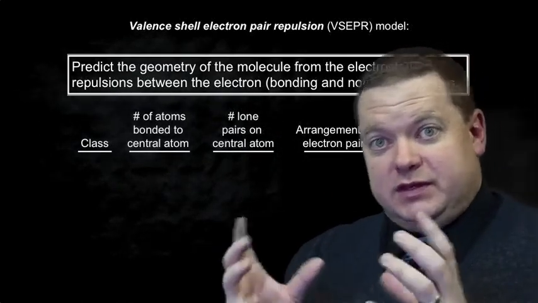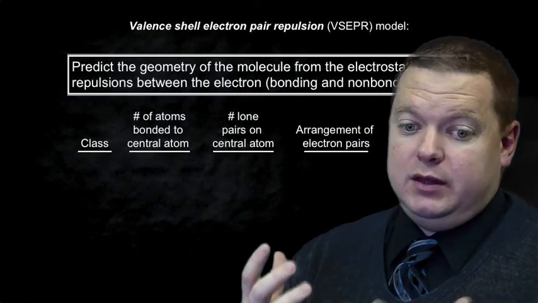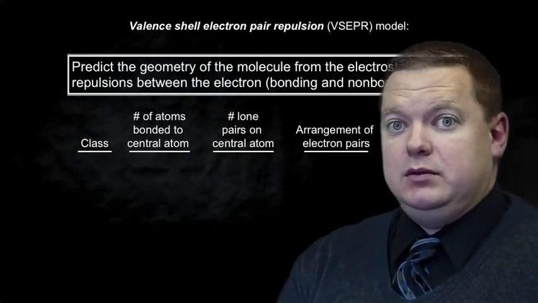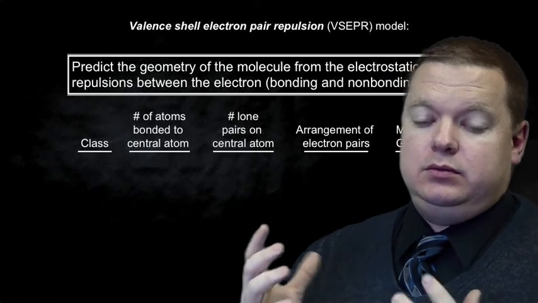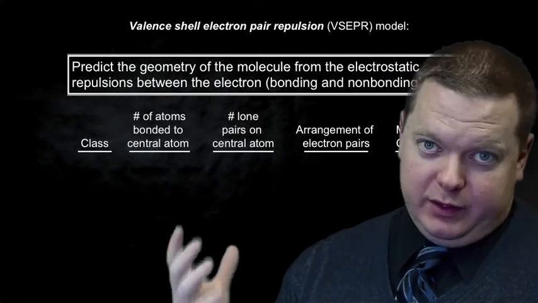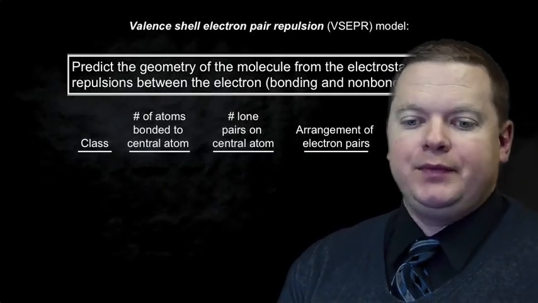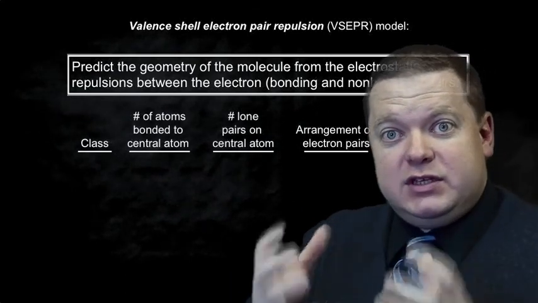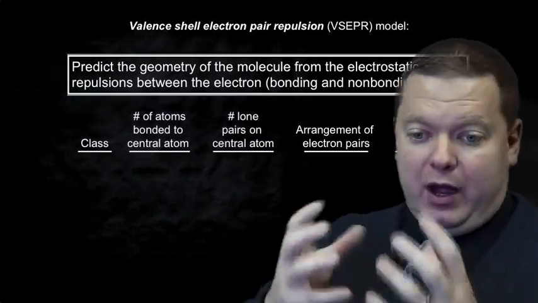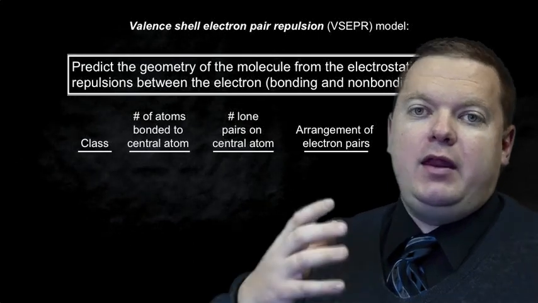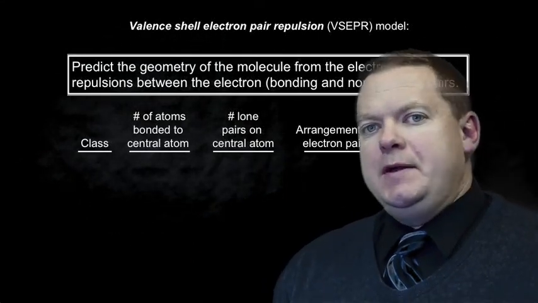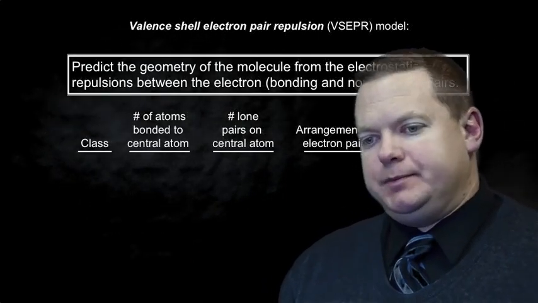Sometimes those are going to be the same, sometimes they're not. Sometimes the lone pairs will be 0, sometimes it won't. And how the electrons themselves are arranged, both shared and lone pairs around that atom, and then what that corresponds to as far as the molecular geometry.